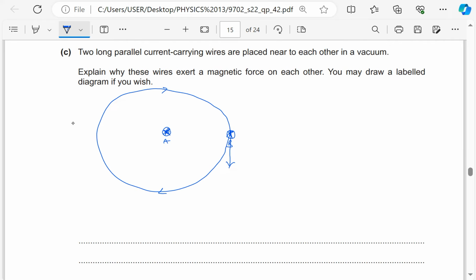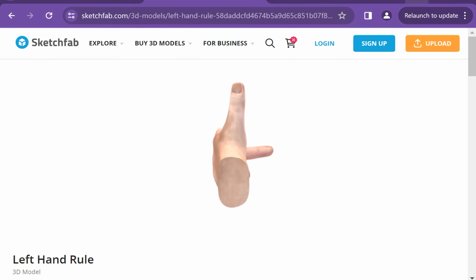So now I pull out Fleming's left hand rule. With the magnetic field being downwards, the first finger points downwards. The second finger must point into the page. Let me see if I still have my animation here.